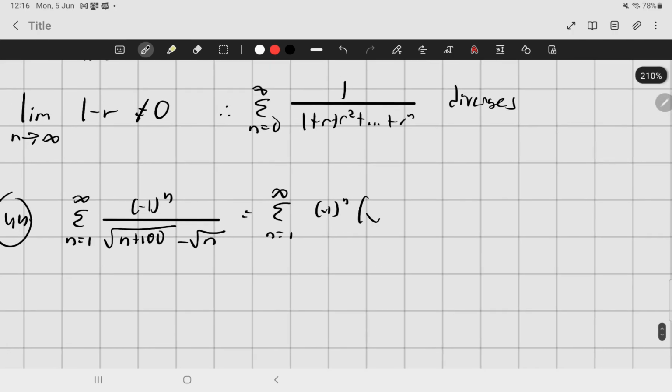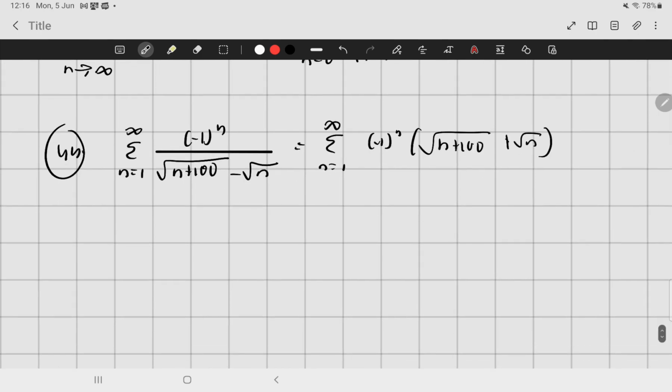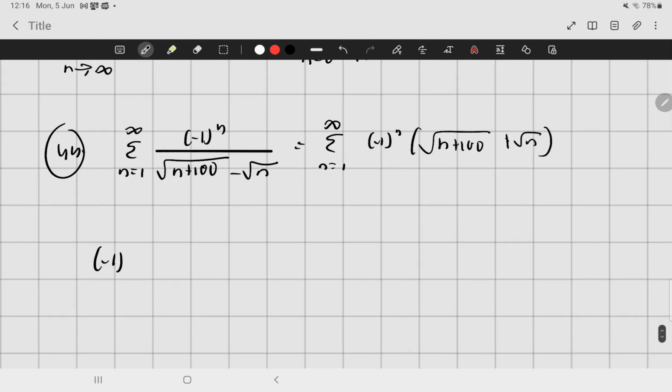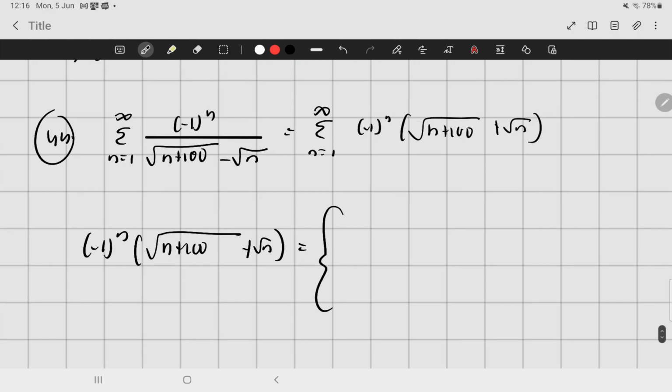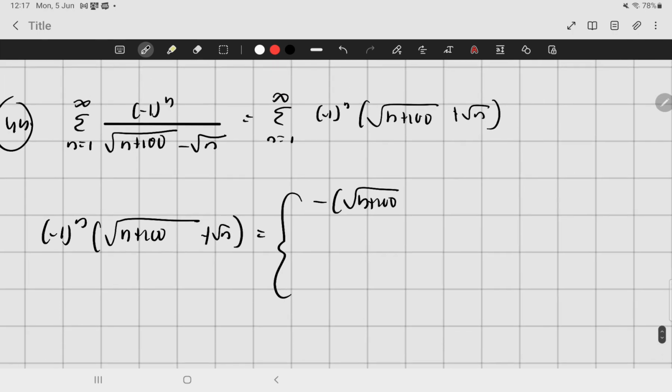Let me express it as this. First, we define it as a piecewise function. This is for when n is odd, and this is when n is even.